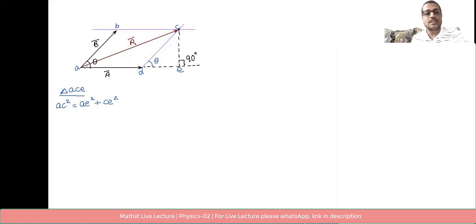But from this diagram, it is clear that AE can be written as AD plus DE. So AC square can be written as (AD plus DE) square plus CE square. Now, once we expand this, you will get AD square plus DE square plus 2 AD DE, and then the last term, CE square.